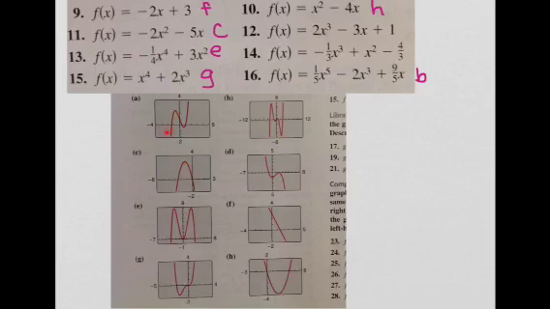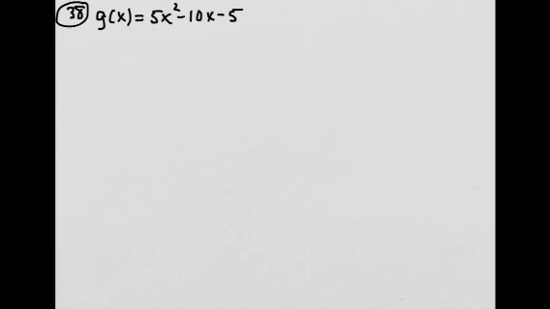If you look at A, the left side is down and the right side is up. So that means this is A, and 14 is the opposite, because A is negative. Notice how on D, the left side is up and the right side is down. So that one would be D.